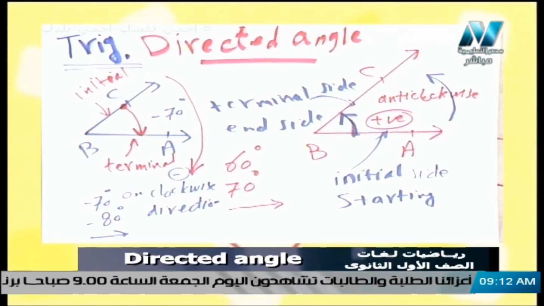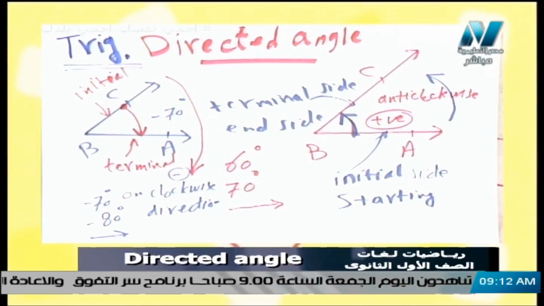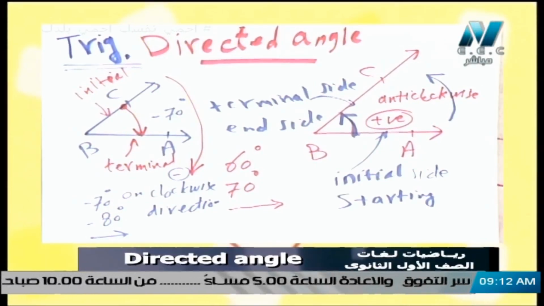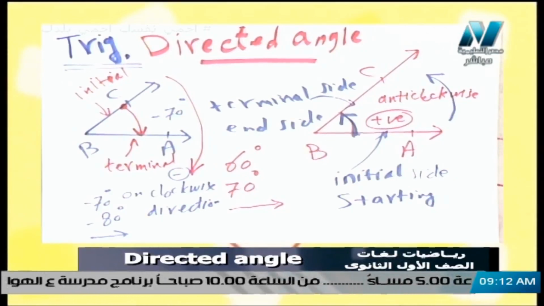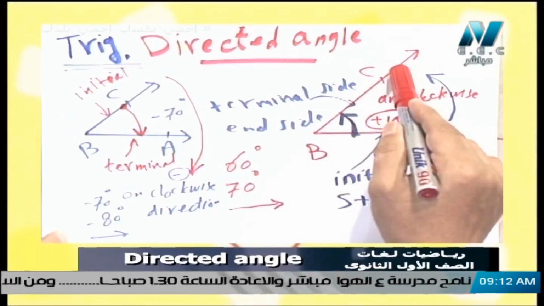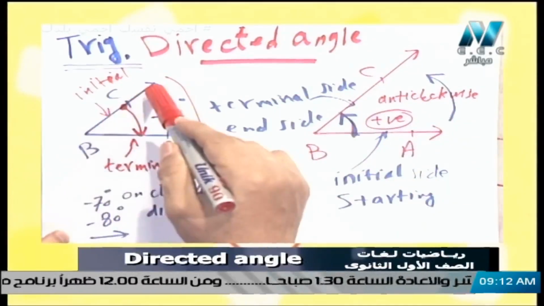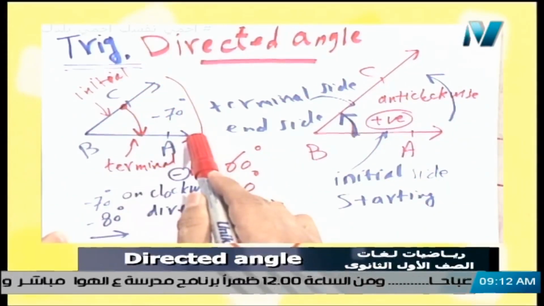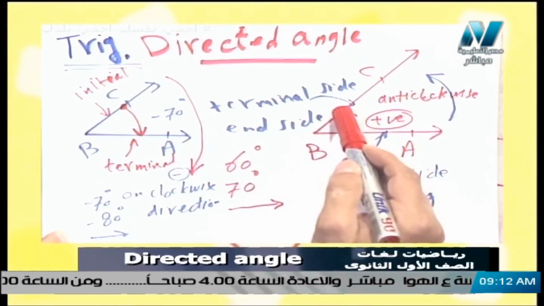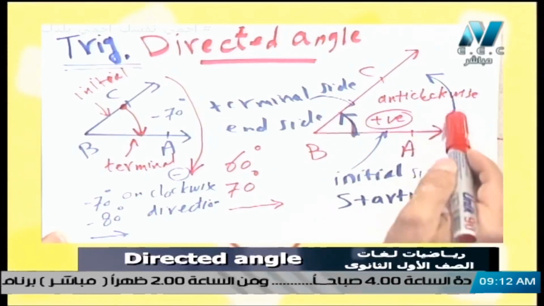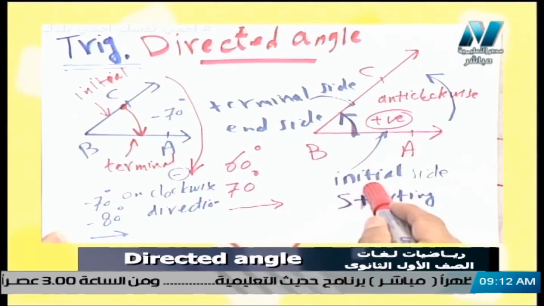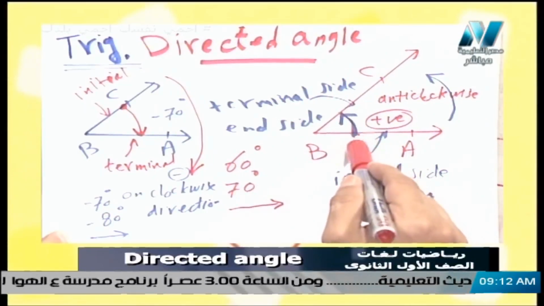So we have seen the difference between the plain angle and the directed angle. The directed angle has two sides, one of them initial and the other terminal. The angle starts from initial to terminal like that, and if it is in that direction, it will be anti-clockwise, and of course it will be positive.